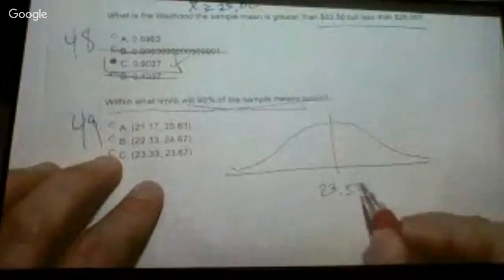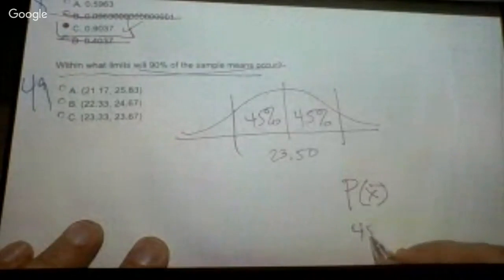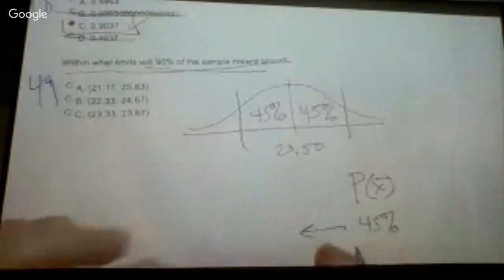Between what limits will 90% of the sample means occur? That means I want 45% here, 45% here. I work back from a proportion, 45%, to get a z-score of around 1.65.